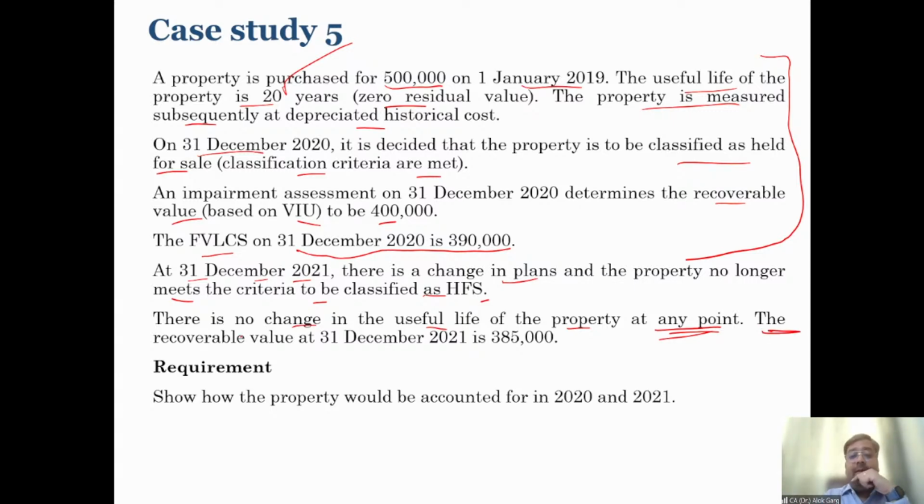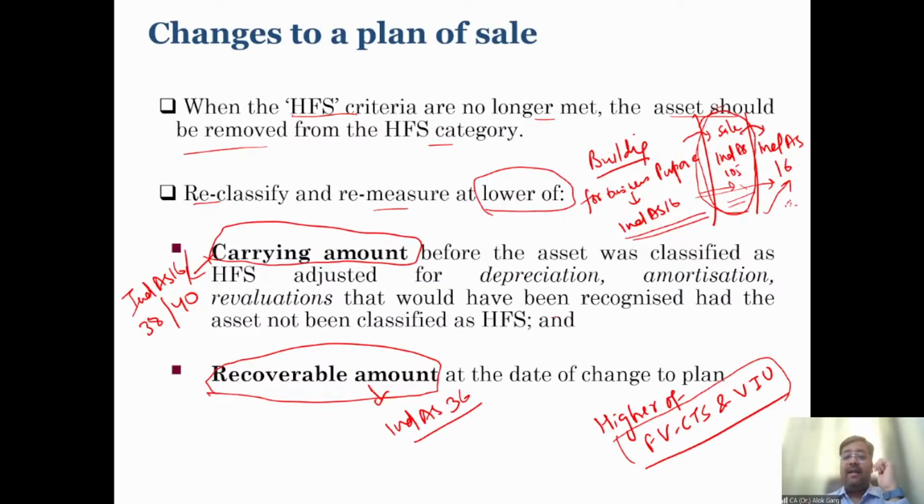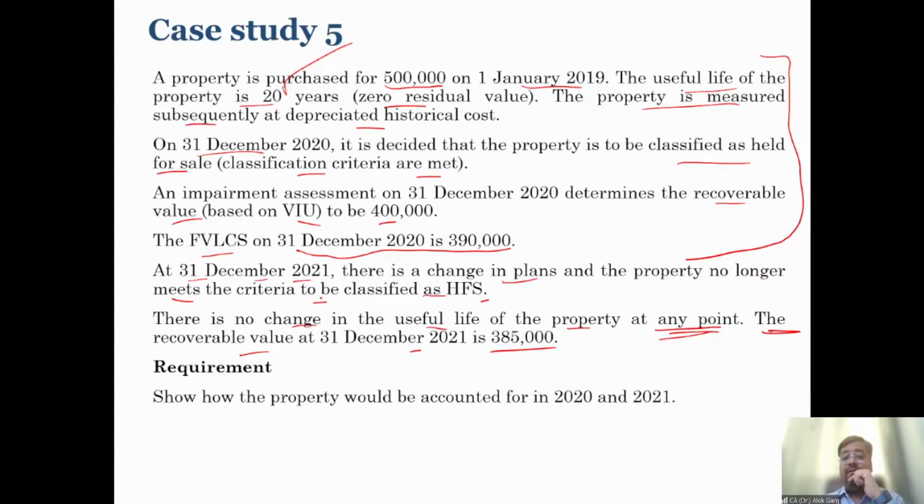And the recoverable value on 31st December 21 is also given. So friends, step number 2 for the change in plan has been given: the recoverable value. You need to compute the carrying value on 31st December 2021, considering this asset was not classified as held for sale.